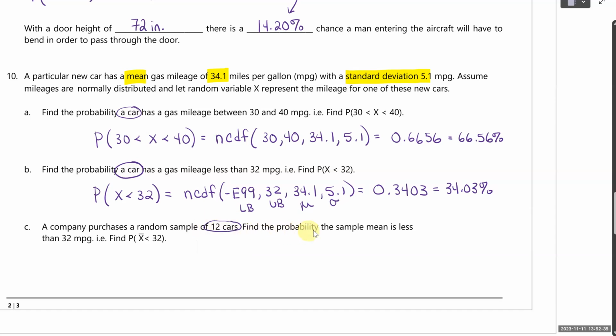So the question is, find the probability that the sample mean, so X bar, the mean of the 12 cars, is less than 32 miles per gallon. So what we have to pay attention to here is that when we're given a sample, 12 cars, and we're looking for probabilities concerning the mean of the sample, we use the central limit theorem.